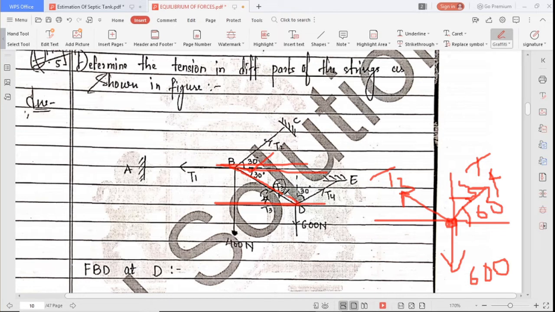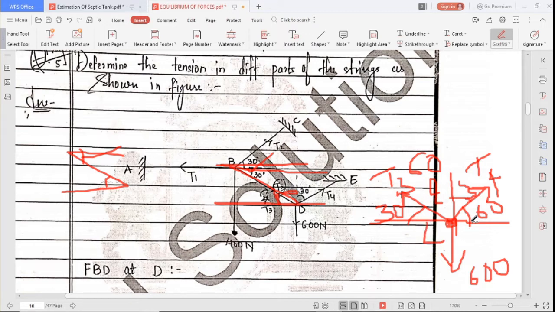This angle is also 30 degree, because it forms alternate angles. Then what is the angle here? 90 minus 30, which will be 60. So we found all the angles, right?